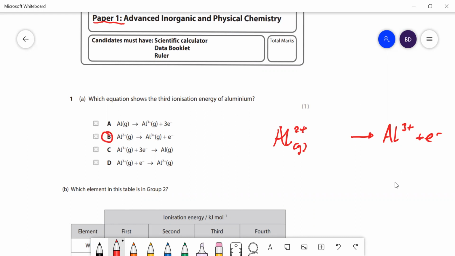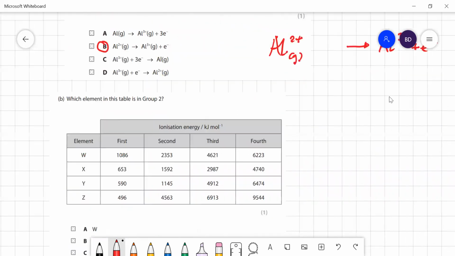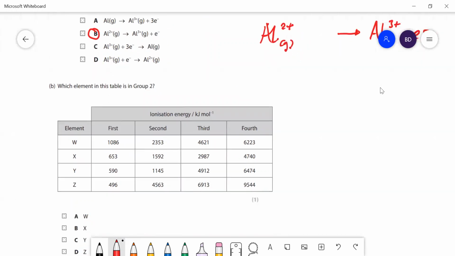Okay, more on ionization energies. Which element in this table is in group 2? Right, so it gives the first, second, and third ionization energies, and so on. What we're looking for is a gap.